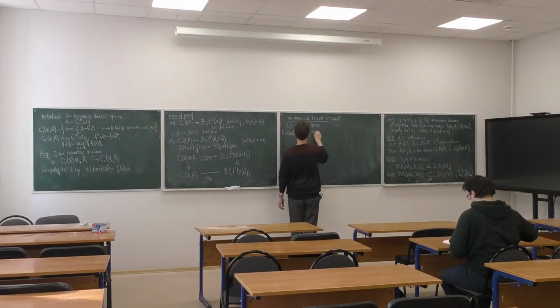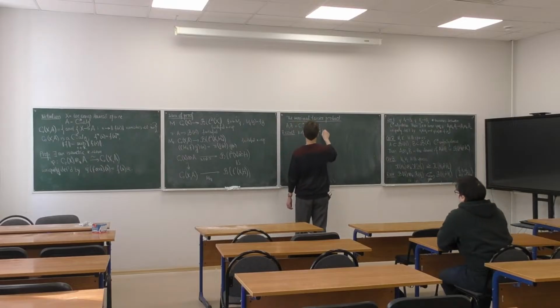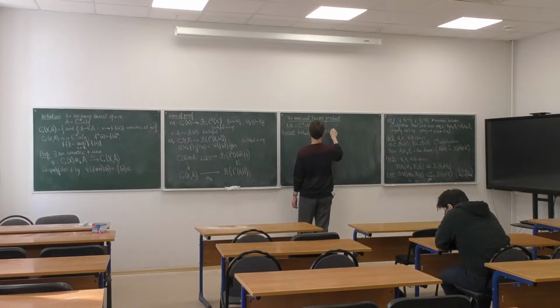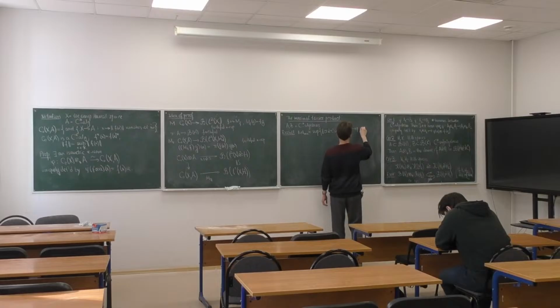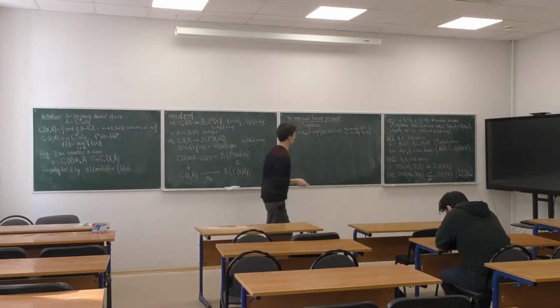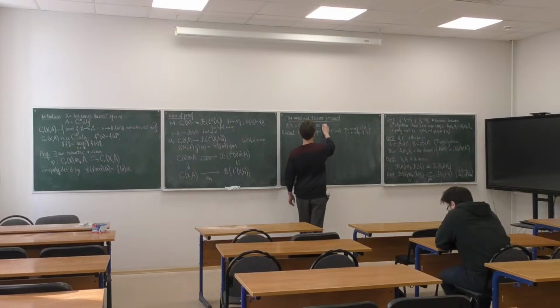This is the supremum over all pairs of representations pi and rho of A and B respectively. So pi is a star representation of A, and rho is a star representation of B. This is true for any element u in their algebraic tensor product.